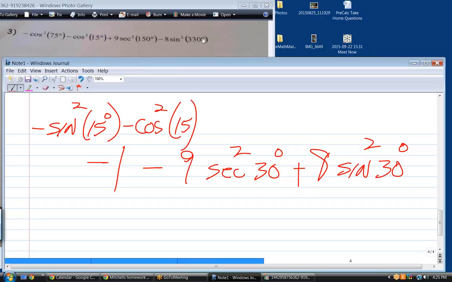So I can say the equivalent first quadrant angle is 30, but I've got to change the sign on it. All right, hold on a second. I may have made a mistake because it's being squared.